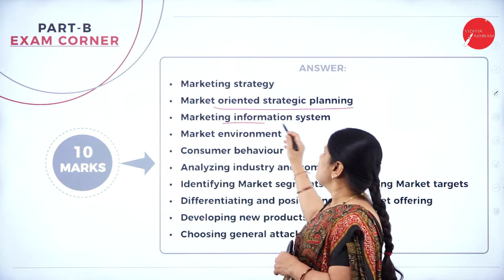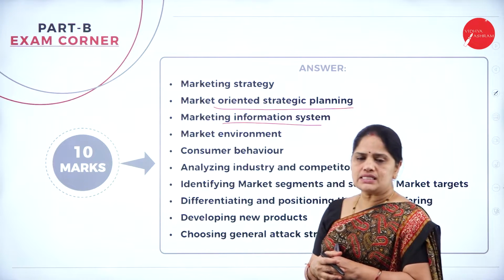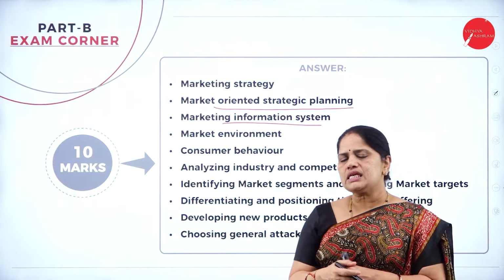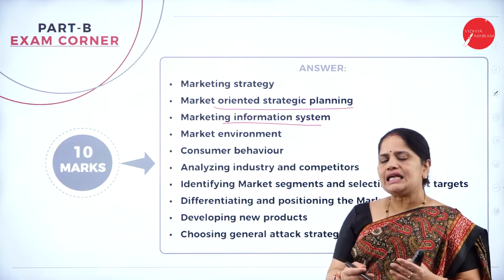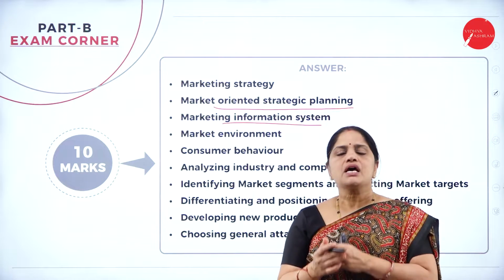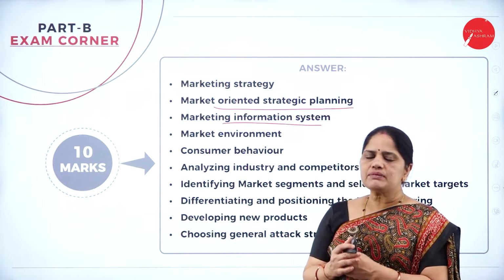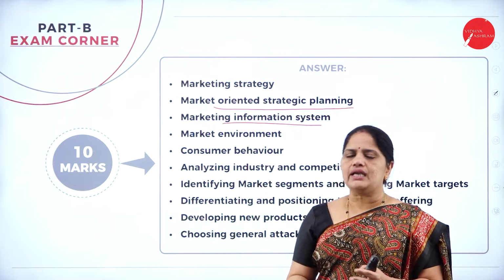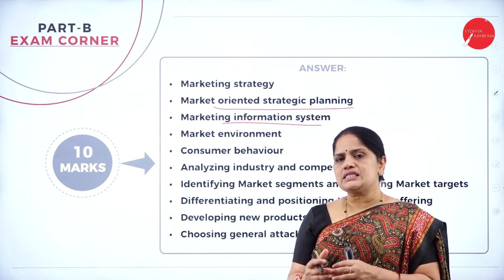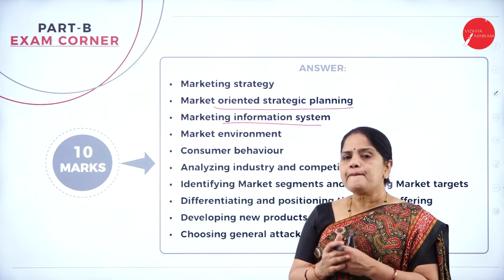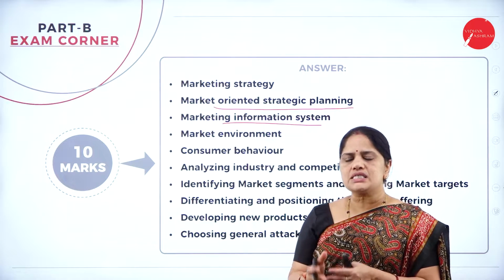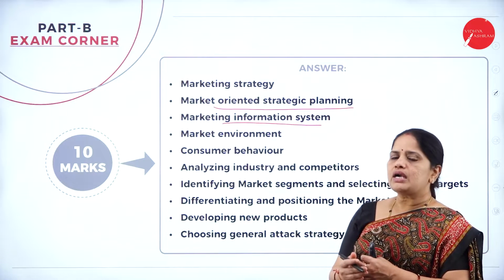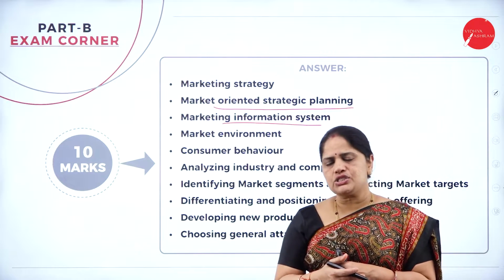Then we have the marketing information system. What is this marketing information system? This is a system wherein we collect the feedback from the customers. So we all know that the customer's tastes and preferences keep on changing day by day, and this fashion, etc., keeps on changing, and based on the changing customers' tastes and preferences, we have to see that the products are delivered to the consumers.